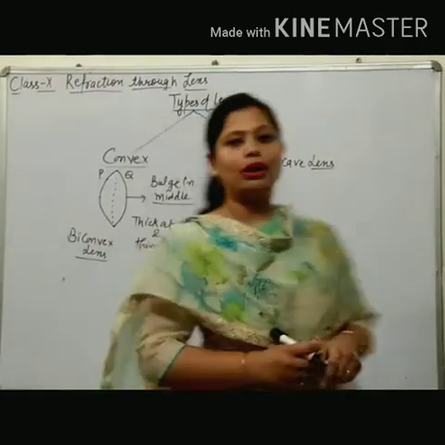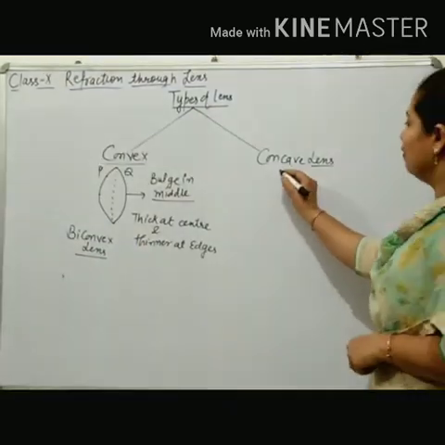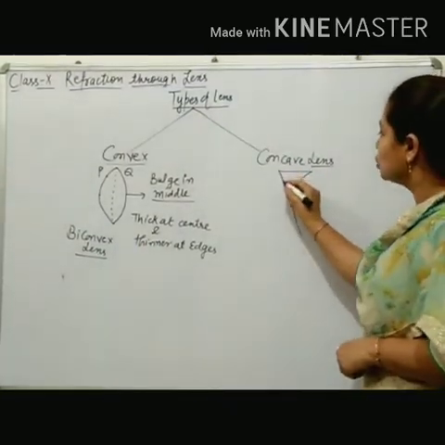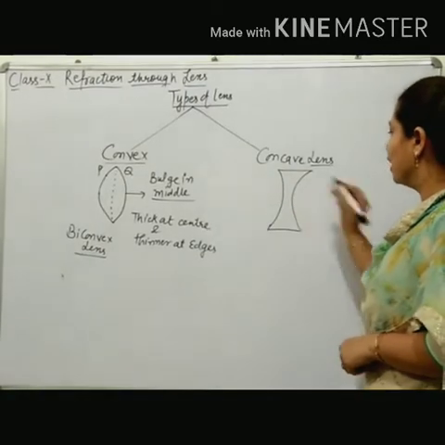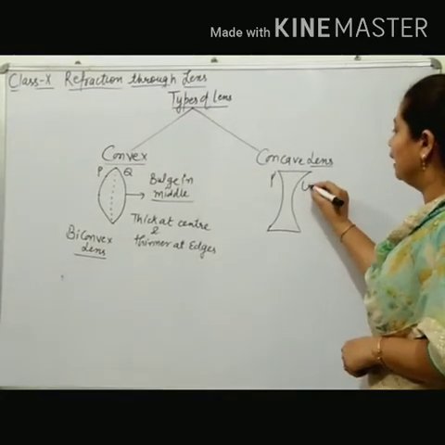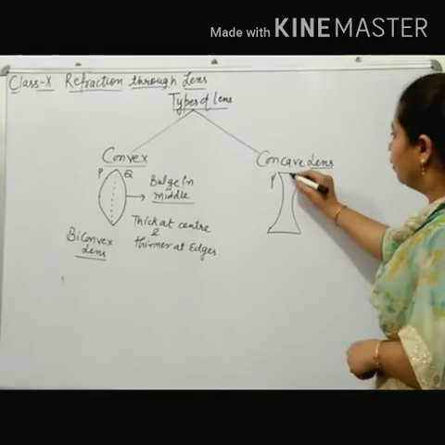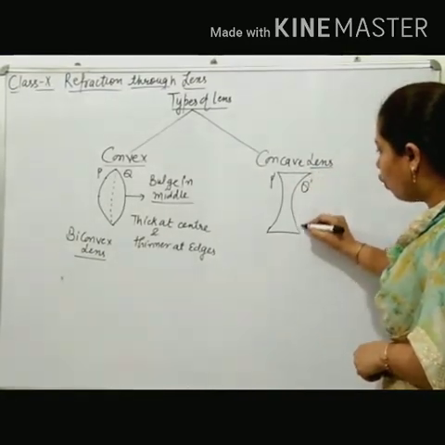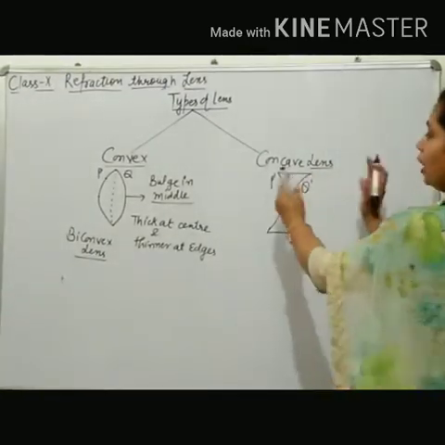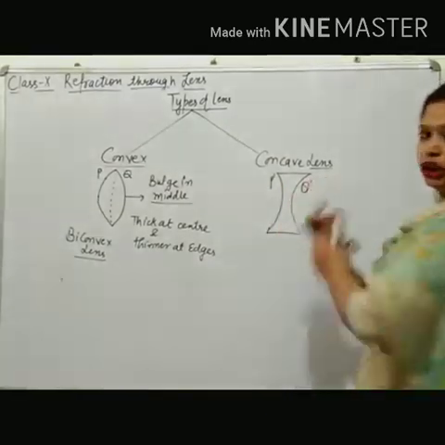So what about concave lens? Concave lens is also having two spherical surfaces P dash and Q dash. But instead of moving out, it is having a depression in the middle.